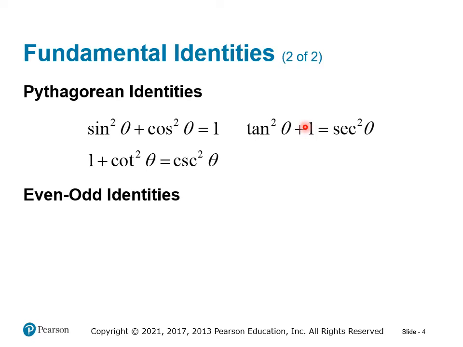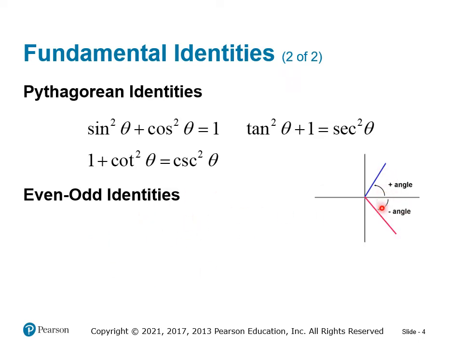Even and odd identities, this is really about looking at positive and negative angles. And while these angles don't look like they're exactly the same, imagine that they were, and this will help us understand the odd and even identities.